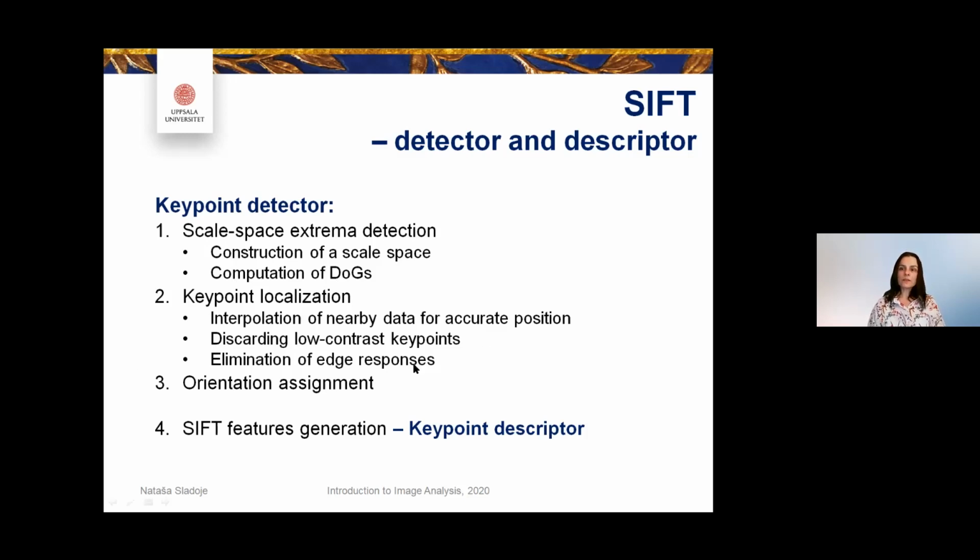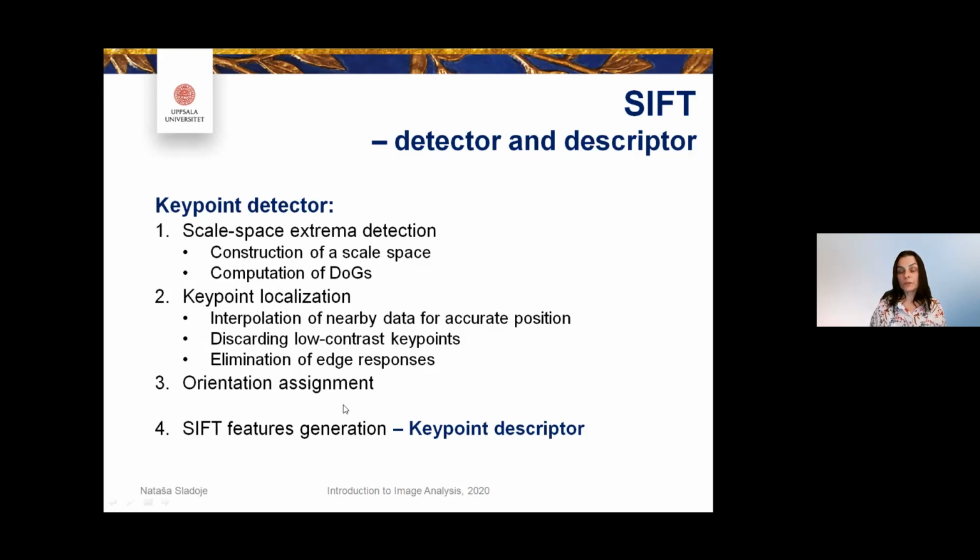And then some elimination of less stable points is performed. First the low contrast key points or feature points are eliminated, and finally edges, or response to linear structures, are eliminated, so that finally corner points are detected.